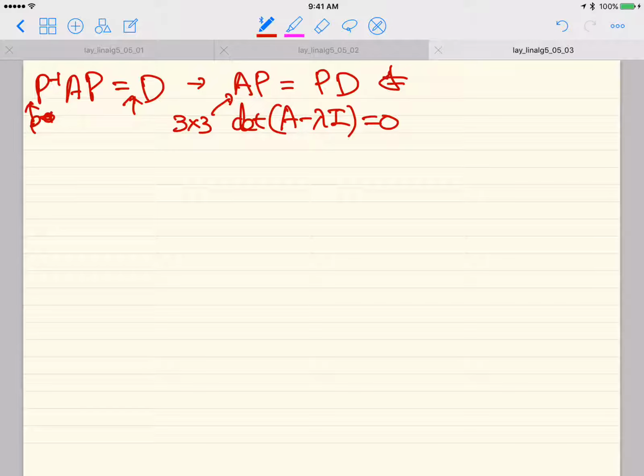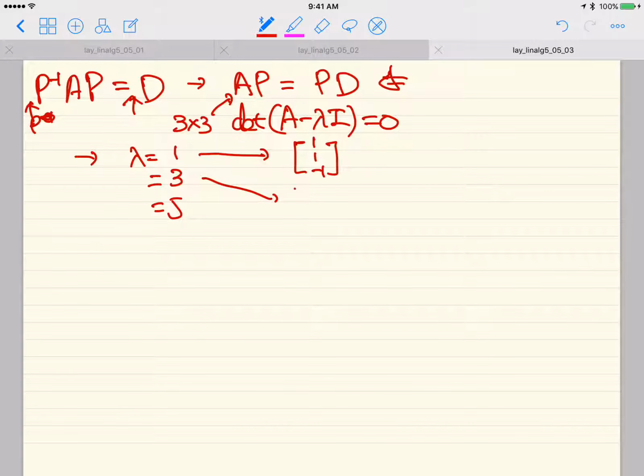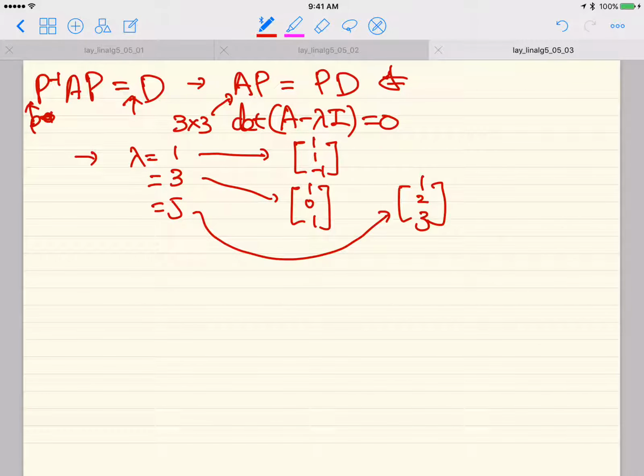And then suppose we obtained lambda as 1, 3, 5, and the eigenvector for lambda equal to 1 as maybe (1, 1, -1), this one as (1, 0, 1), and this one as (1, 2, 3). This is just a random vector that I gave you, but suppose these eigenvectors were obtained from each of our eigenvalues.